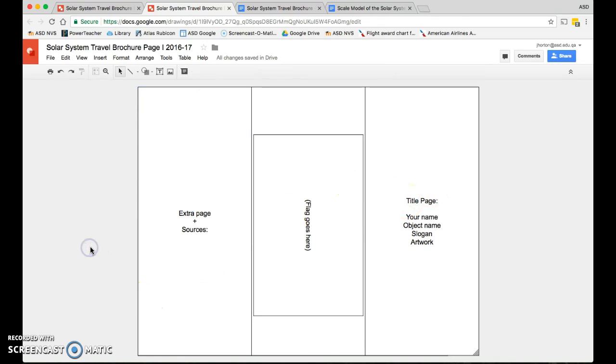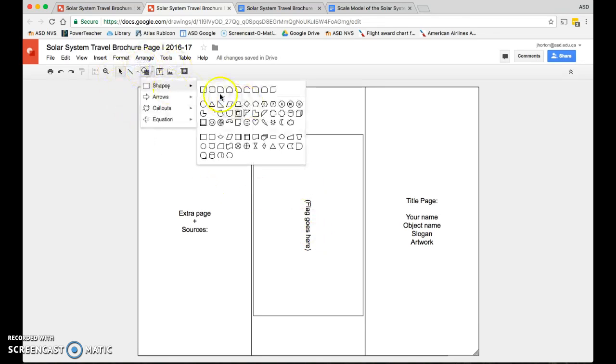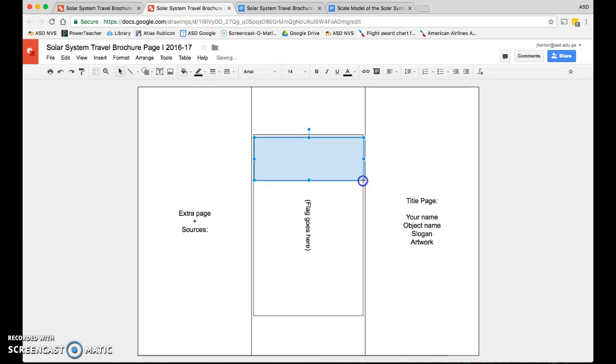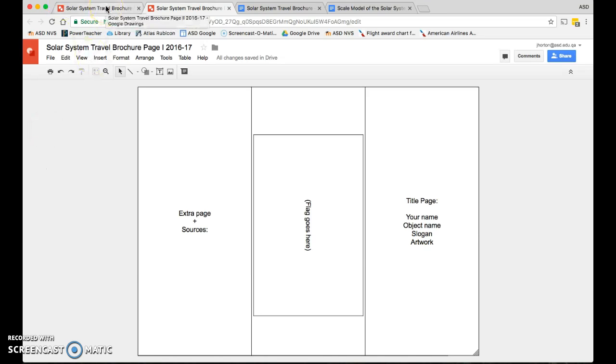So if you wanted to use this, you could do your flag if you wanted to draw it by hand. If you wanted to use Google Drawing, this whole thing is a drawing, by the way, so you could just add a shape. Let's say if you wanted a red stripe or whatever, you could just put that in there, a blue stripe. That works. Again, the only thing that you cannot do is take clip art from the internet and use that in your brochure.